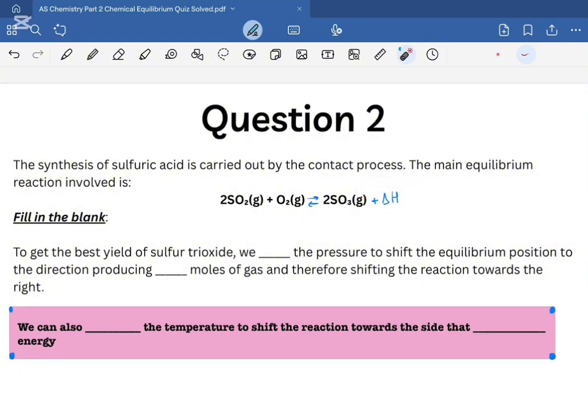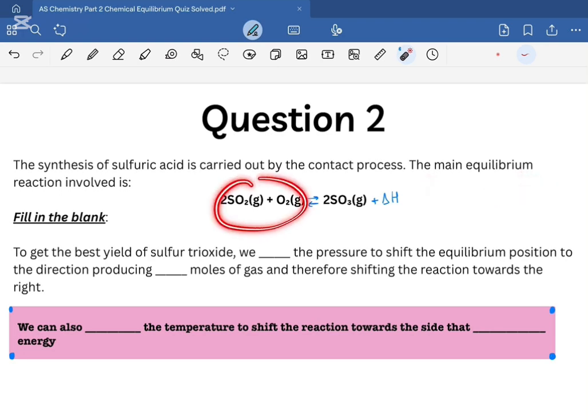Now, to get the best yield of sulfur trioxide, and this is sulfur trioxide, so to get a higher amount of sulfur trioxide, we need to do something with the pressure. We either need to decrease the pressure or we need to increase the pressure to shift the equilibrium position toward this side. Now, if we increase the pressure, then the system is going to decrease it by shifting towards the fewer moles of gas.